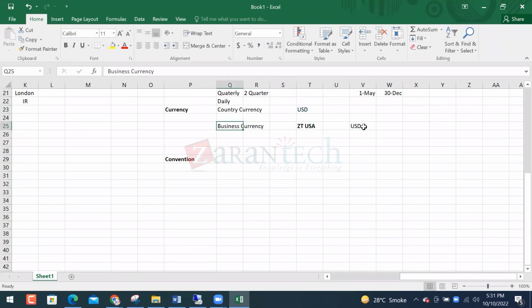Now, if I decide this is my business currency, and I try to sell a laptop and a customer comes in and asks the price, you will say this is $500. But the customer belongs to the UK, and if he says I don't have $500, can you accept GBP pounds?